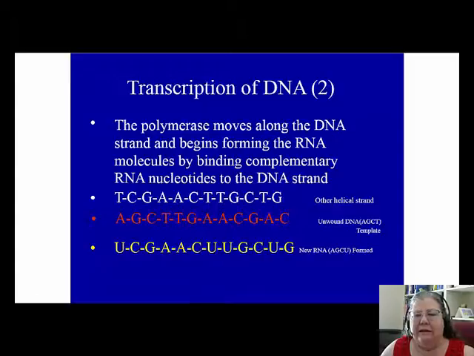to the DNA. And so here you see the unwound DNA, so TACG, right? And this is the strand that's not being used, and this is the template, and then the RNA polymerase is going to move along and add uracil to adenine, cytosine to guanine, and so forth, making a new strand of RNA.